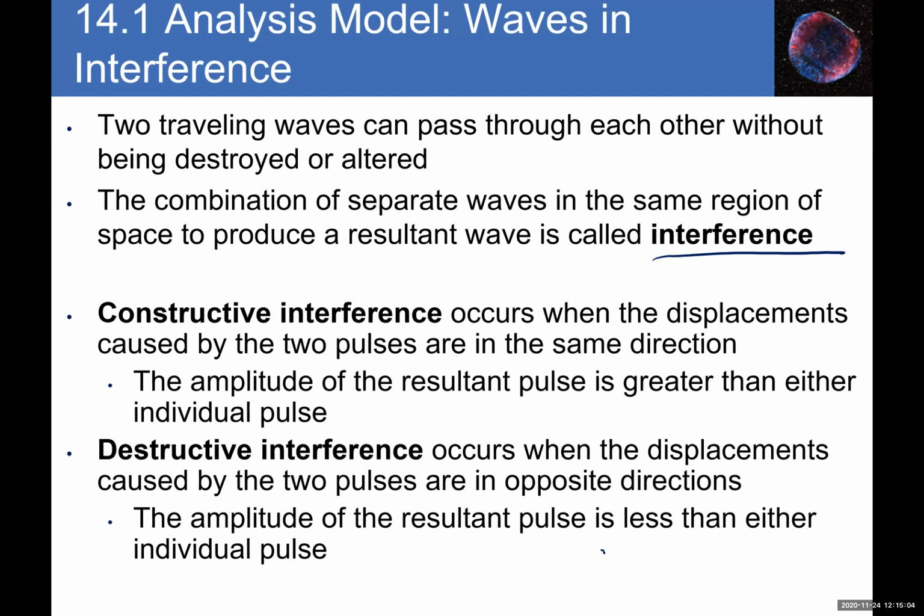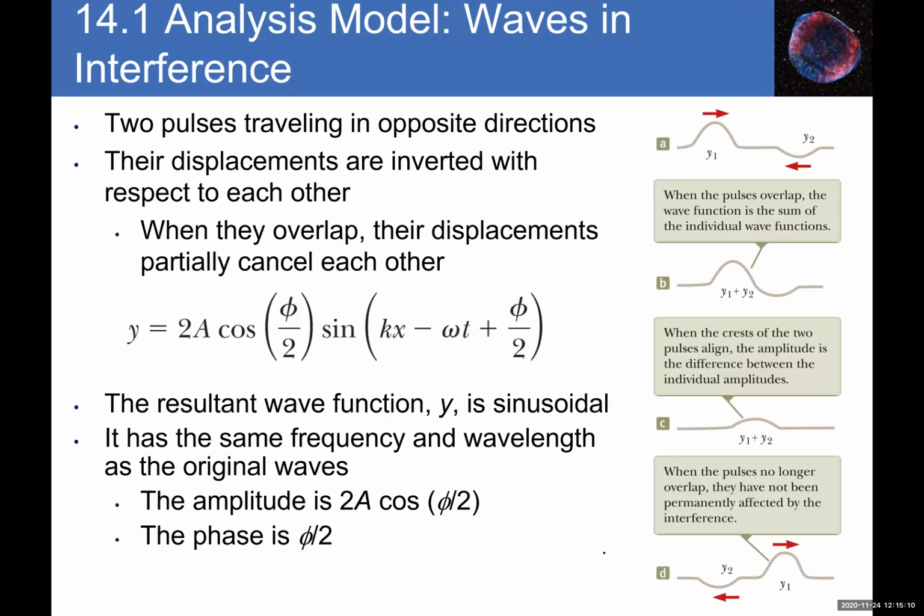Then the amplitude of the resultant pulse is less than either individual pulse. That means when two pulses travel in opposite directions, the displacements are inverted with respect to each other. So when they overlap, the displacements partially cancel each other.